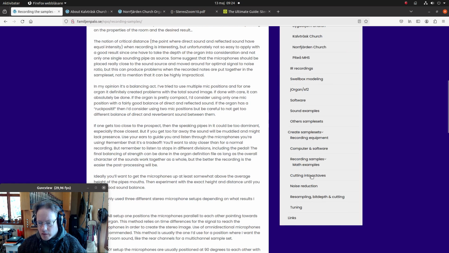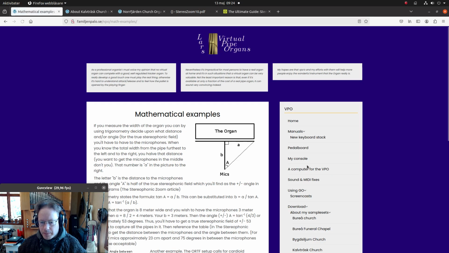The leftmost pipe to one side and the rightmost pipe to the other, and then you have the distance to the microphones here. That angle that covers all this field, that is the total recording angle, but this is usually divided in two. You place the microphones in the middle, and then you have divided the angle into a plus minus here. That is the stereophonic recording angle.